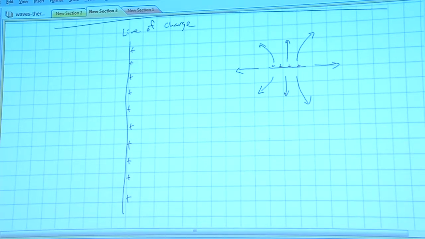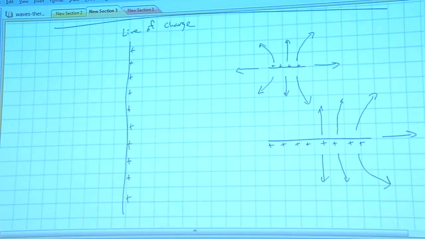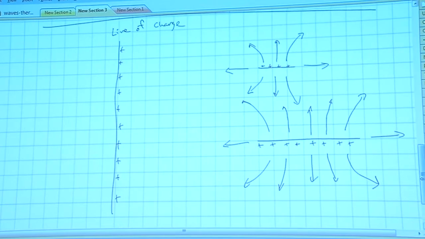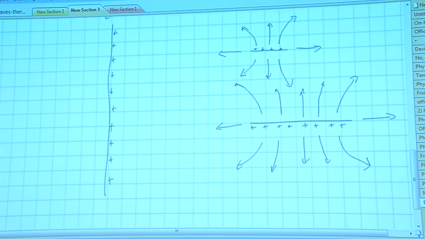And if we make that longer, then the electric field lines in the center look more and more parallel. And if we make it infinitely long, then those electric field lines become parallel to each other. If it's infinitely long, we don't have any edge effects, right?